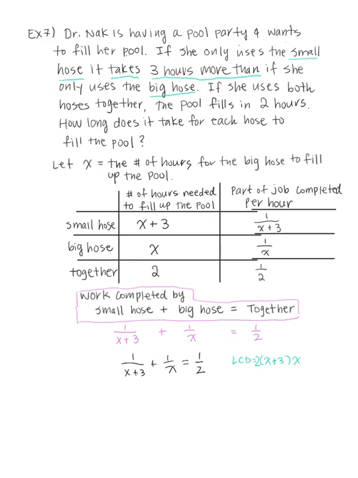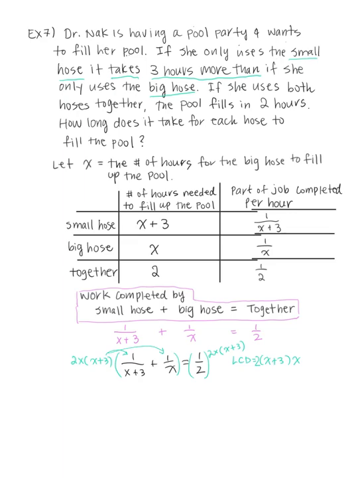It doesn't really matter. So let me multiply both sides by the LCD. And then I'm going to multiply here by 2x times the x plus 3. Okay, now I'm going to distribute this to each term.